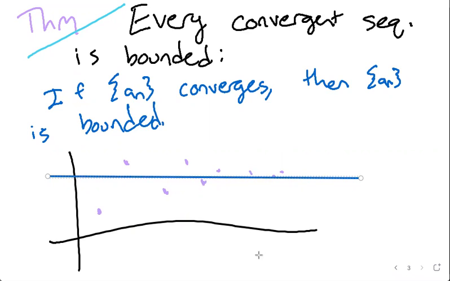We can't get too far away from this. How would our sequence be unbounded? It would have to go way up or way down. But if it goes way up or way down only a finite number of times, we just extend our bounds to incorporate all of that. And if it's infinitely often going way far away from where it's converging to, it's just not going to converge there. So every convergent sequence is bounded.